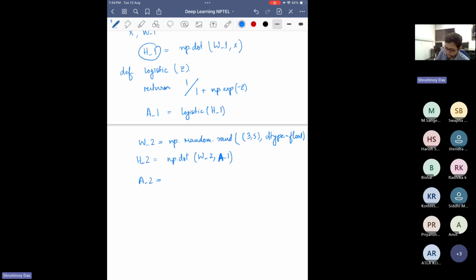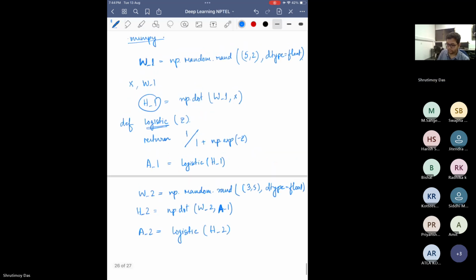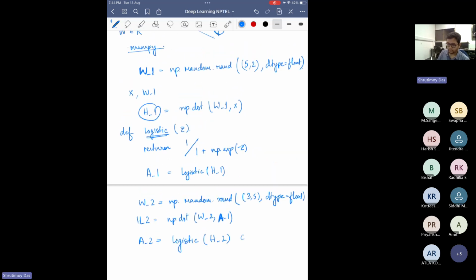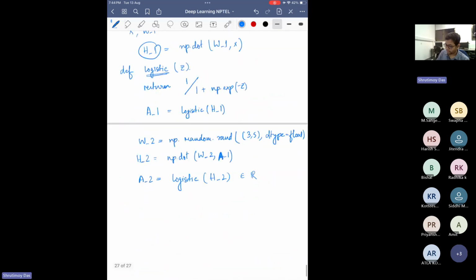Yes, we define this logistic function here, the activation of h2. So I call this logistic function and pass h2 to it, and now I get a2. Again, what is the size of a2? With 3 neurons here, the size of a2 is 3 cross 1.